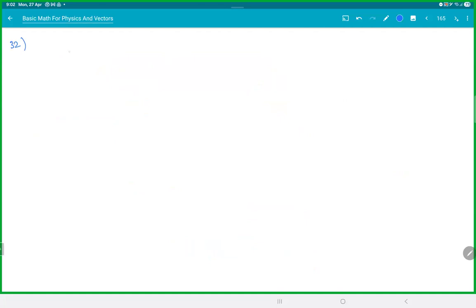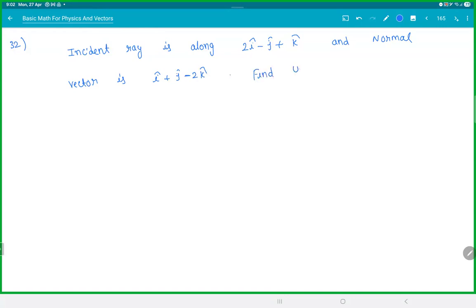Let's say the incident ray is along 2i minus j plus k, and the normal vector is along i plus j minus 2k. Find the unit vector along the reflected ray.